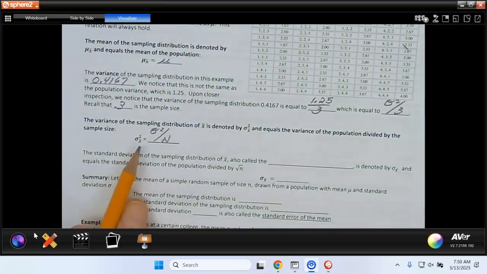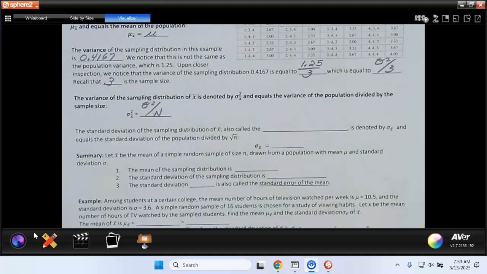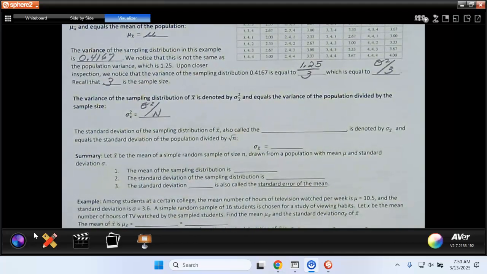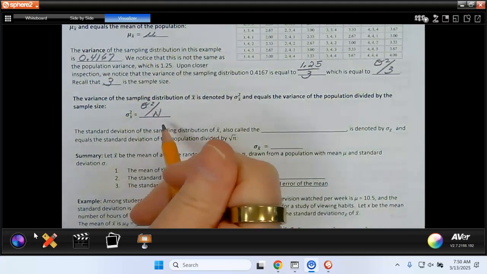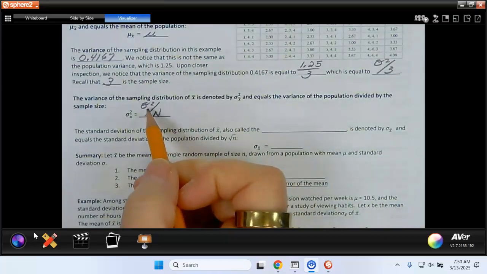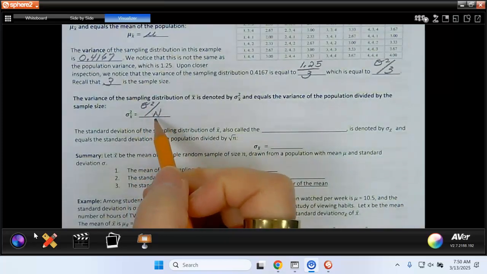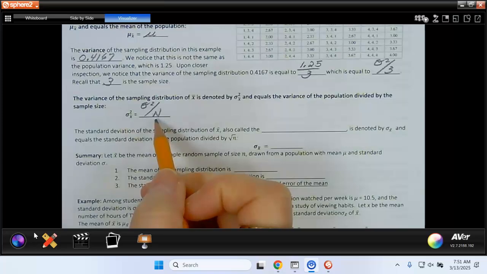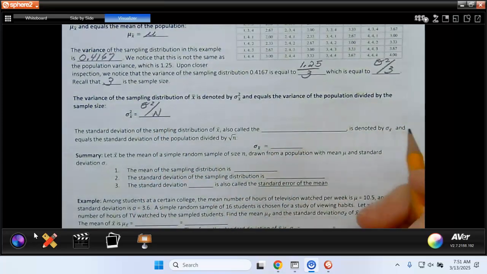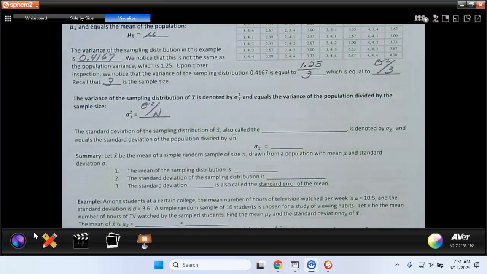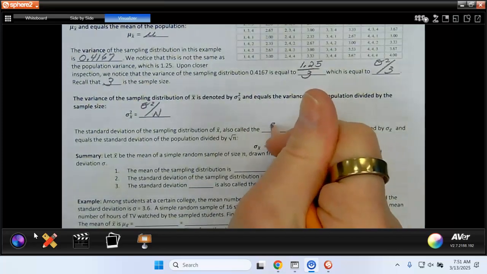And as you can imagine, if we square root that, you would end up with the standard deviation. So if we square rooted the top of that, you would get just sigma, which is your standard deviation, divided by the square root of your sample size. The standard deviation of the sampling distribution is called standard error.